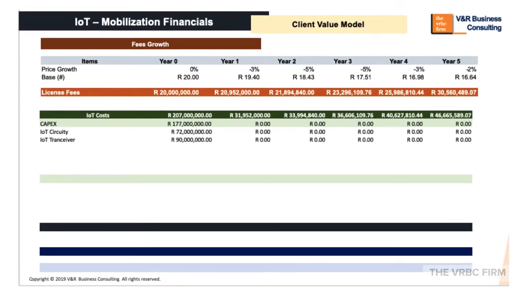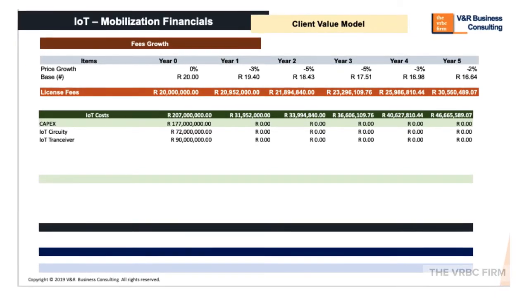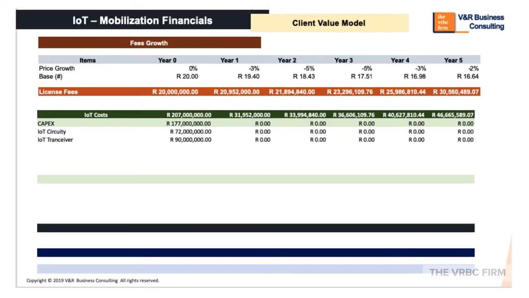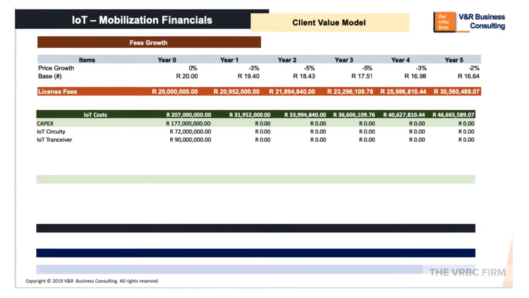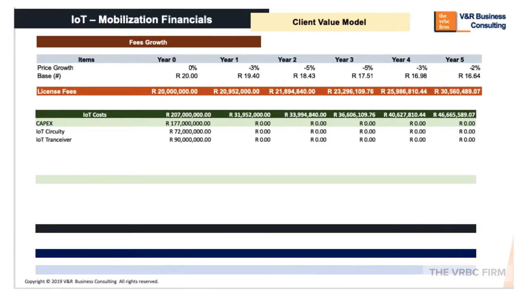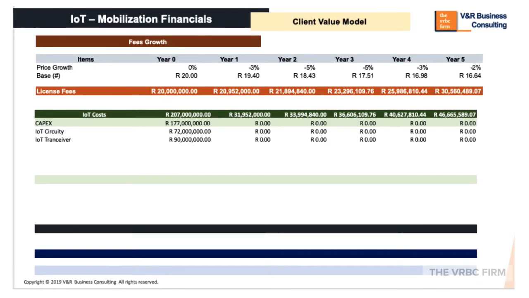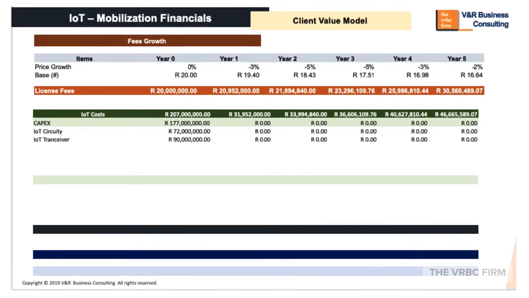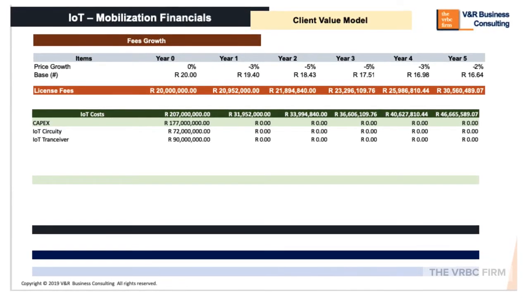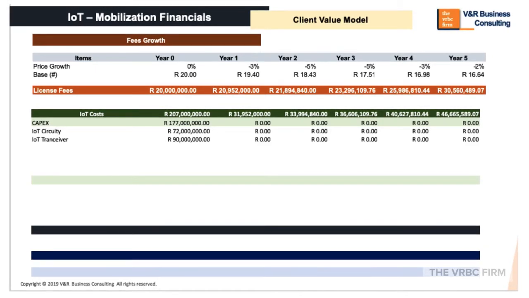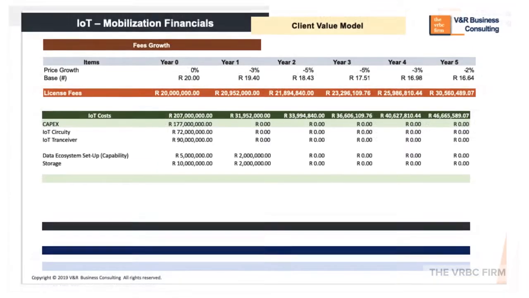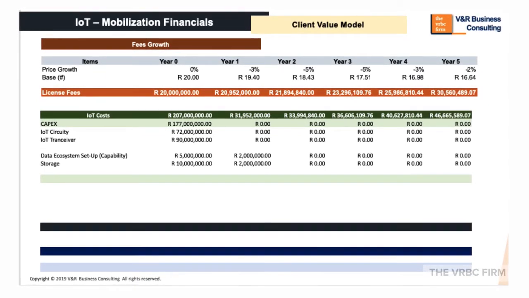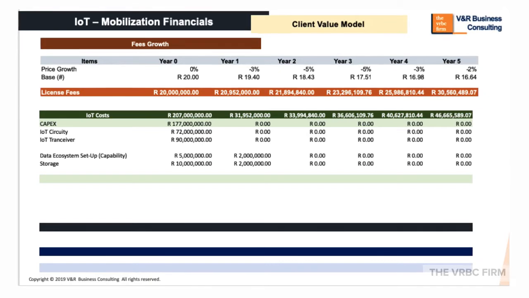Object connectivity facilitation costs. Then, the data value extraction costs that we spoke about in Chapter 3.